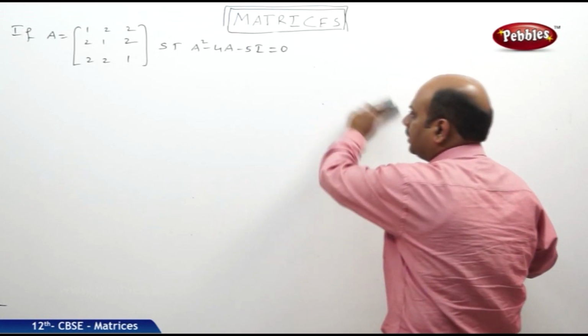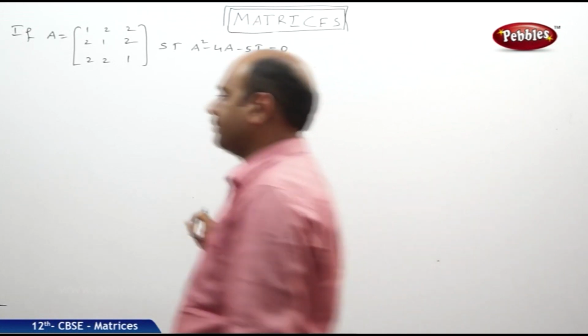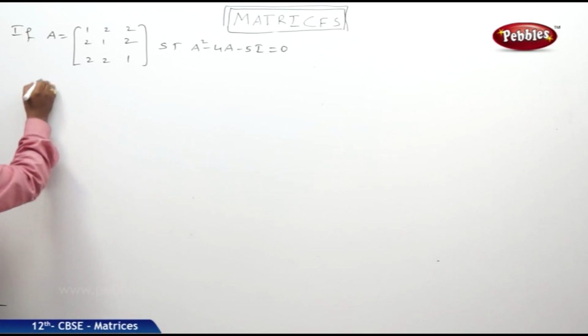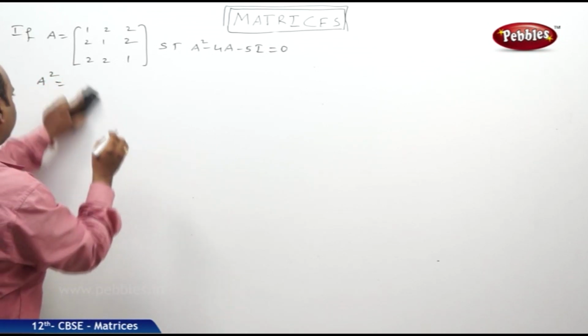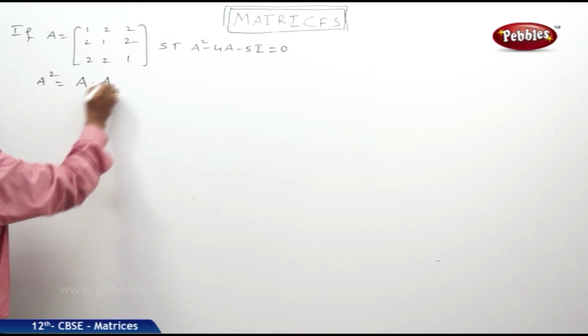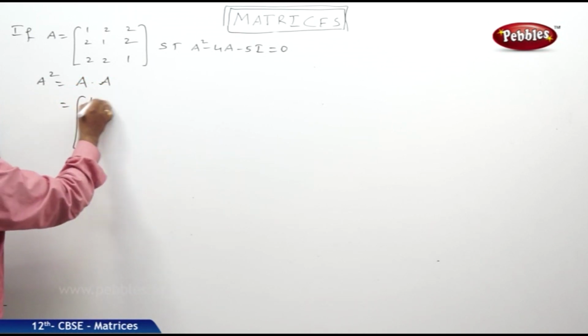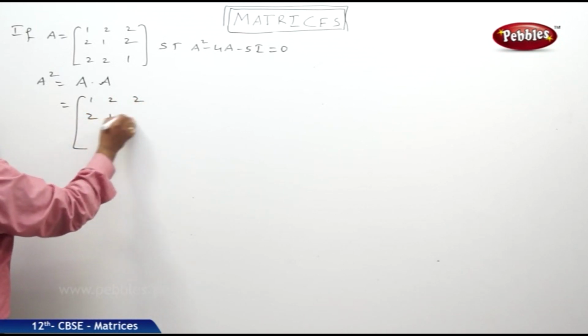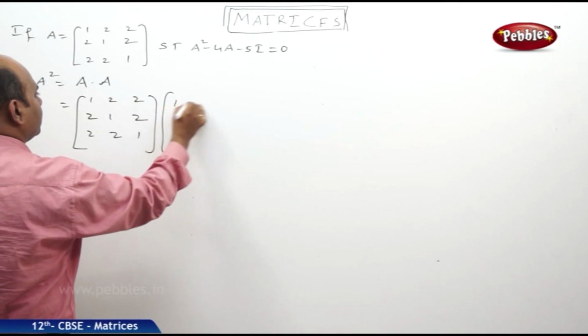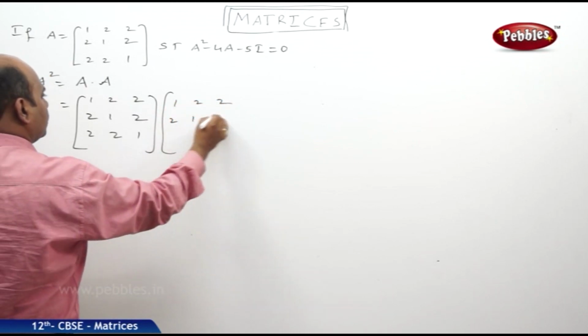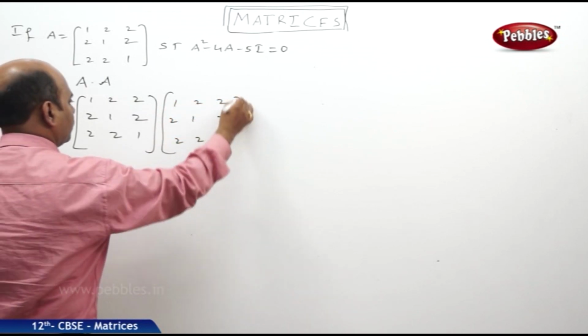That means we need to show LHS is equal to RHS. So here I will be taking A square. What did I say A square means? A into A. So A dot A means 1 2 2, 2 1 2, 2 2 1, and here also 1 2 2, 2 1 2, 2 2 1.